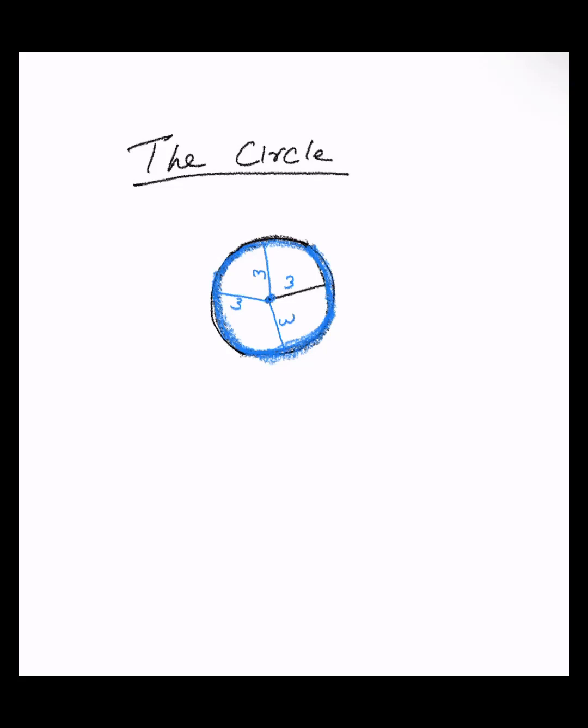So from the center to the circumference, the distance remains the same, and you call that the radius of the circle.